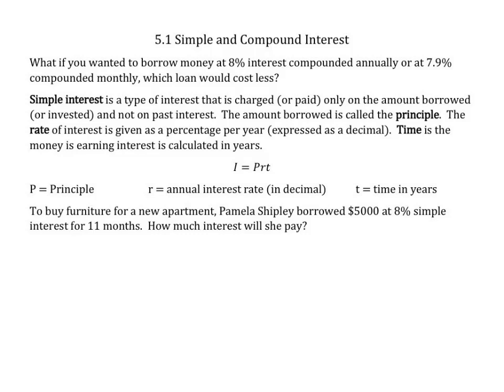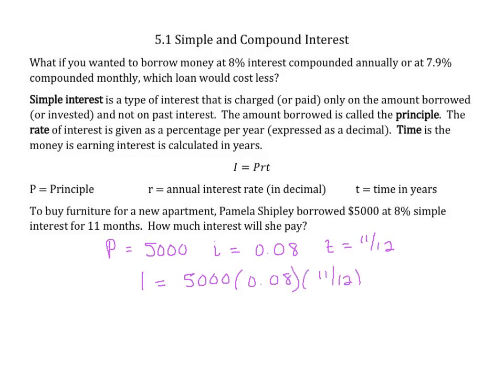So our principal that she's adding is $5,000. The amount of interest she's paying in decimal is 0.08. And the time, well, 11 months isn't quite a year, so we'll represent it as 11 over 12. So the amount of interest that she will pay is 5,000 times 0.08 times 11/12.